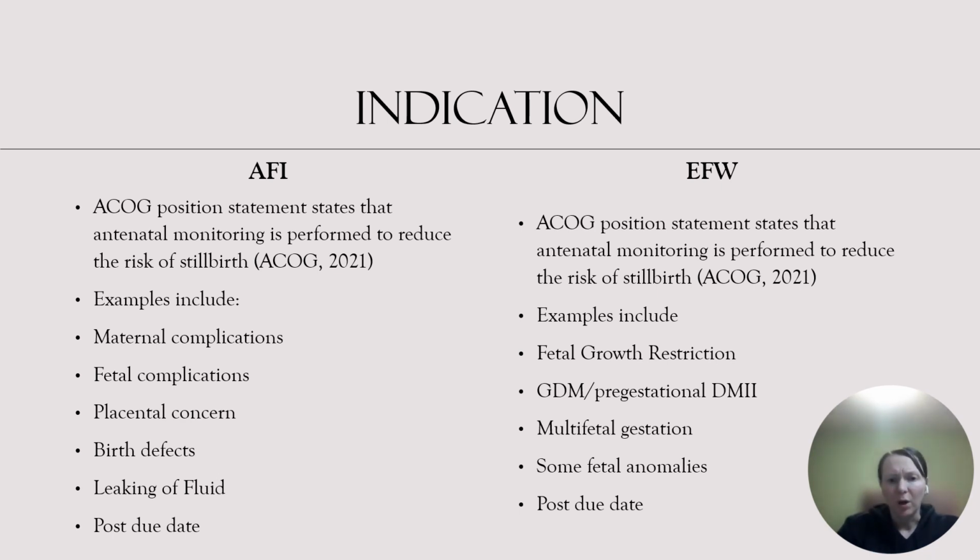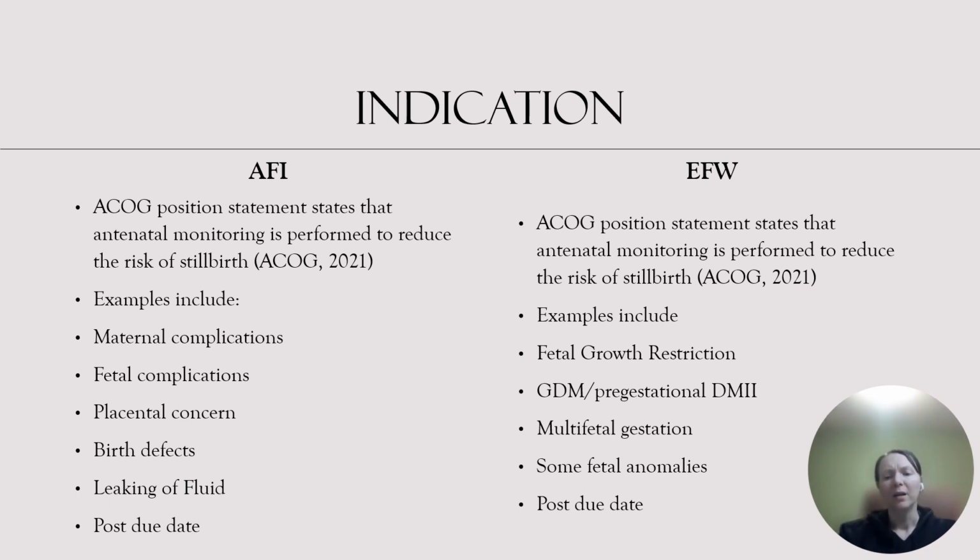As far as EFW goes, we would want to look at the estimated fetal weight for babies who we've identified as having fetal growth restriction. Maybe the fundal height is not appropriate, or they're measuring too big. Gestational diabetes and pre-gestational diabetes are at risk for macrosomia, so we'll be watching this as well.